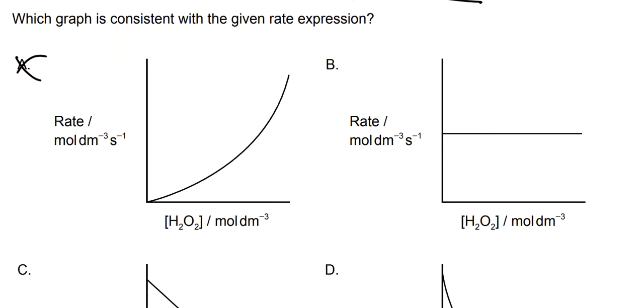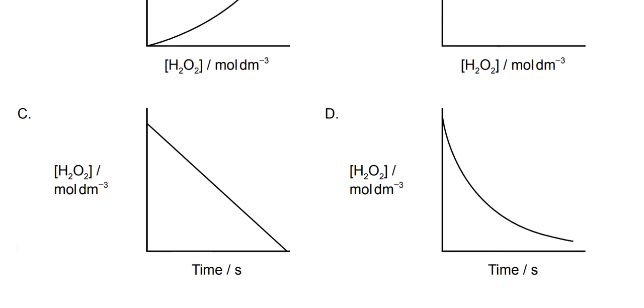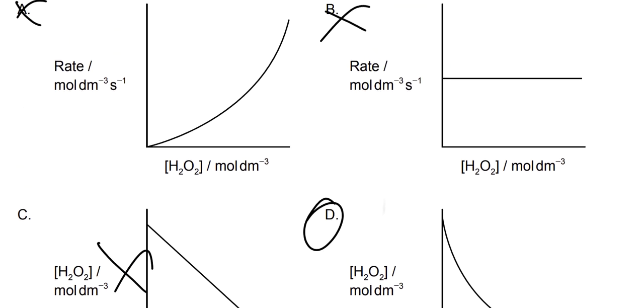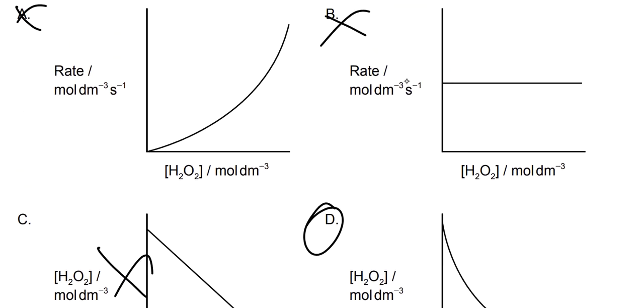This is a zero order reaction, that's incorrect. This is a zero order reaction as well, that's incorrect, so D is going to be the correct answer. This is a zero order reaction because across time the rate of decrease of hydrogen peroxide is actually constant, so it's unaffected by the hydrogen peroxide concentration, so this is basically the same graph as this one.